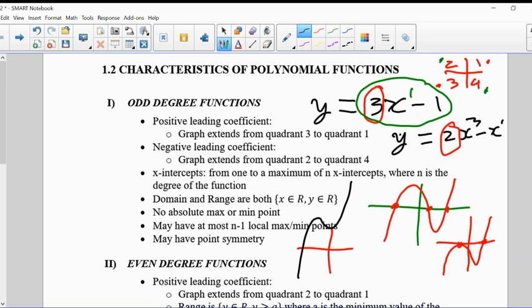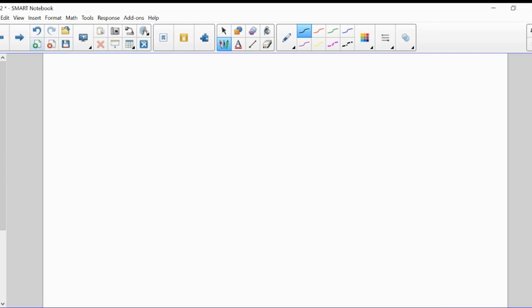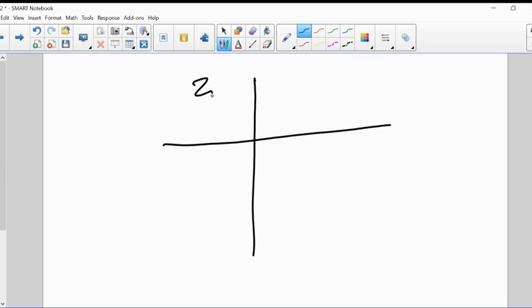Okay, so what we're saying is that these odd degree functions either go from 2 to 4 or 3 to 1, right? So in going from 2 to 4, let's do a quick little thing here. 2 is over here and 4 is down here. There is no way for you to go from 2 to 4 without crossing the x-axis.